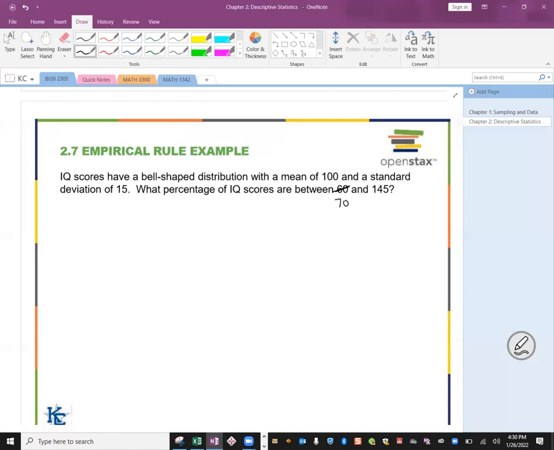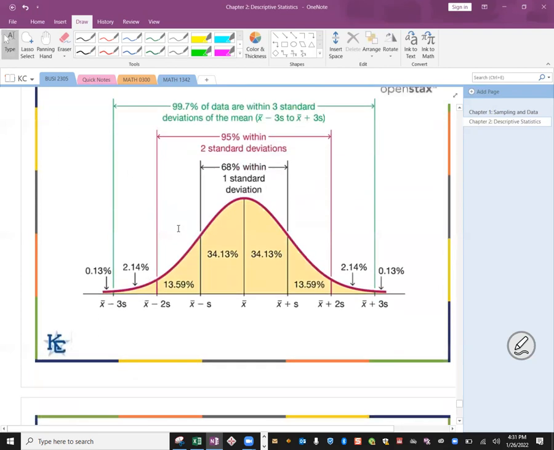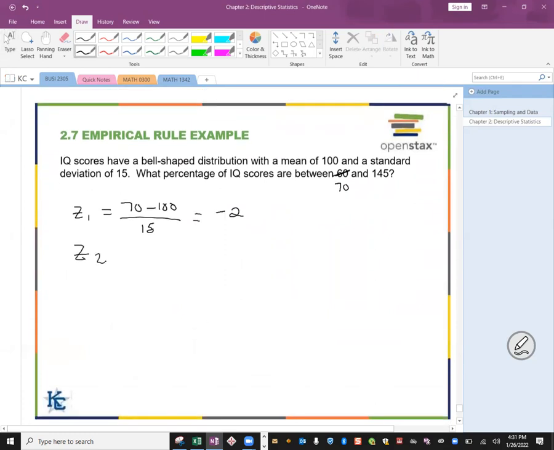Okay, so for this problem here, we're going to find these 2 z-scores. So our first z-score is going to take 70 minus our mean over our standard deviation. And we get a standard score of -2. And then for Z2, we're using our second value, 145 minus 100 over 15.